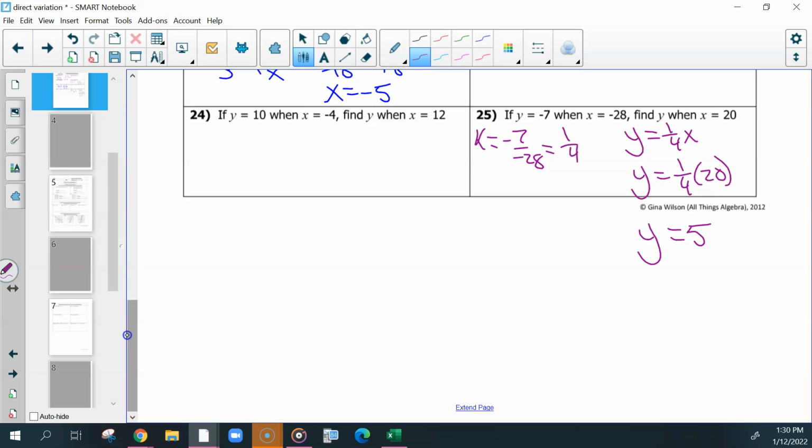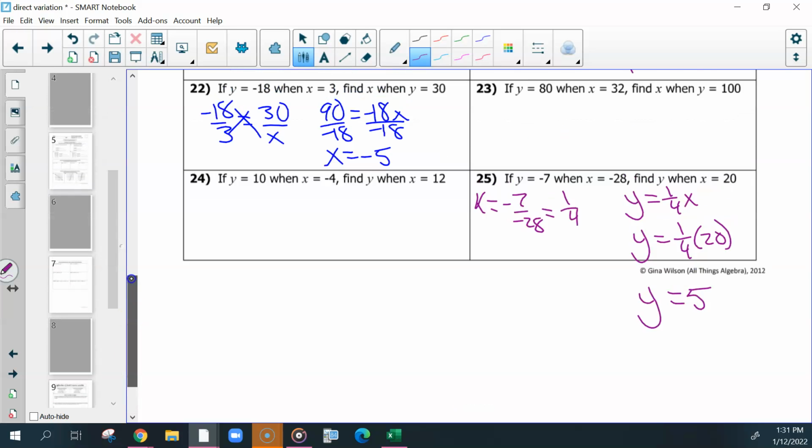Lily said that first. Good. Y's on top. YMCA. Y's on top.